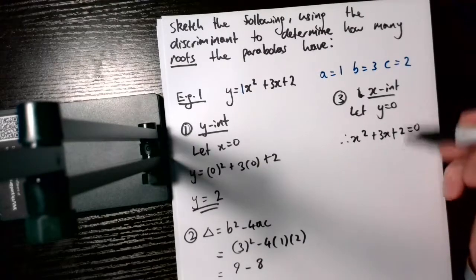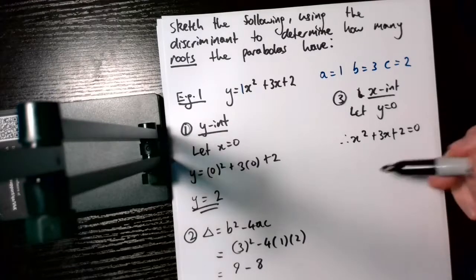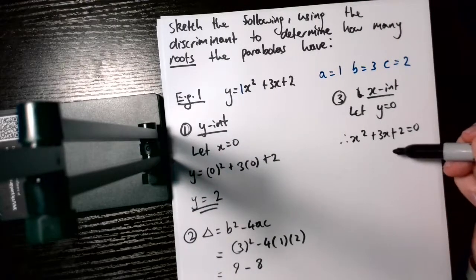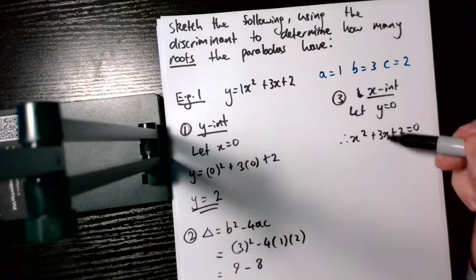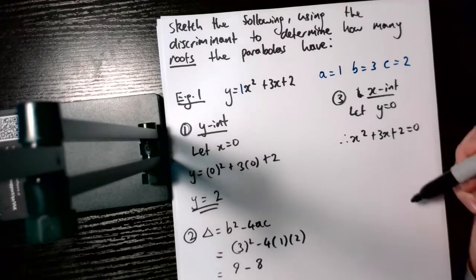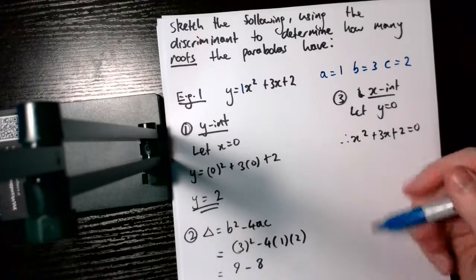There are a couple of different ways that you can go about doing this. One is to use the quadratic formula, one is to use factorization. I'm going to encourage you where you can to use factorization, but for this example, just so I can highlight a relationship, I'm going to do this using the quadratic formula. I just want to remind you, it will be easy to factorize, but I want to highlight this relationship.